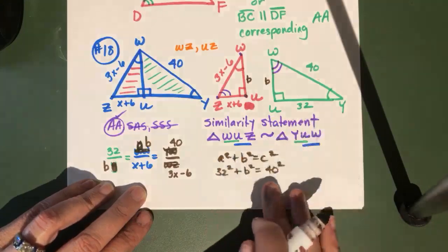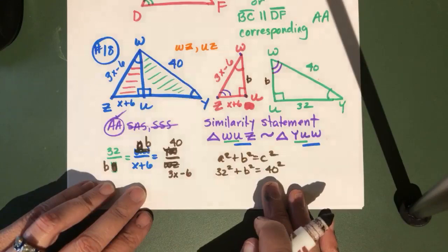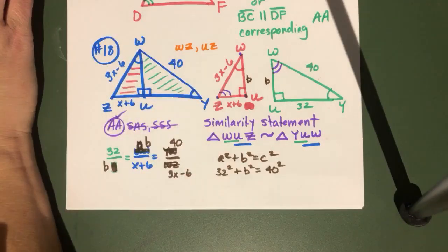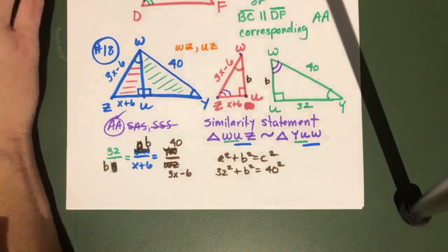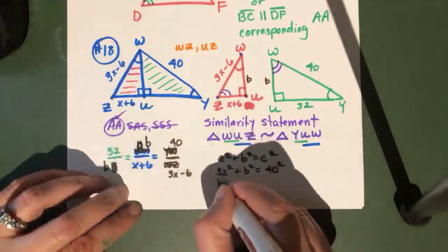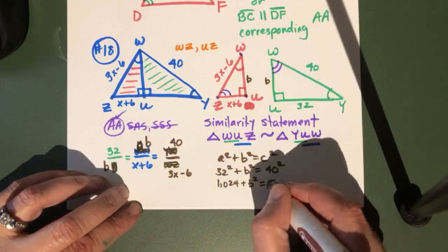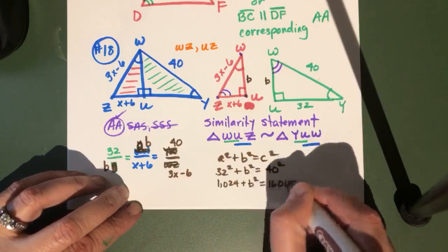If you want to set this up right off the bat with subtraction, most of you know how to do that. So I'm going to do 32 squared. That's 1024, plus b squared equals 1600.